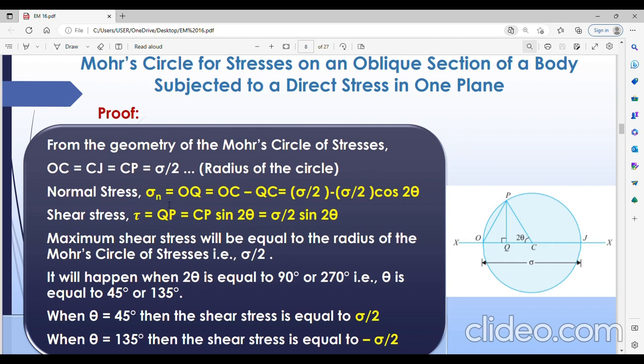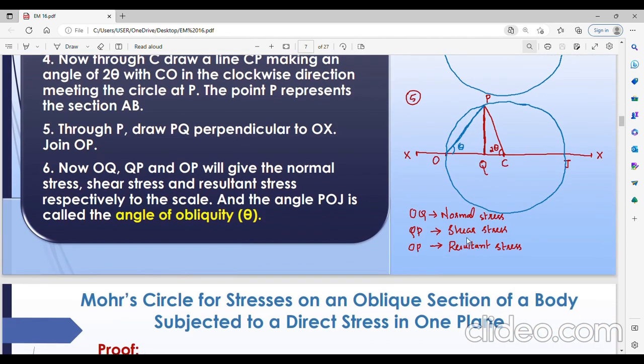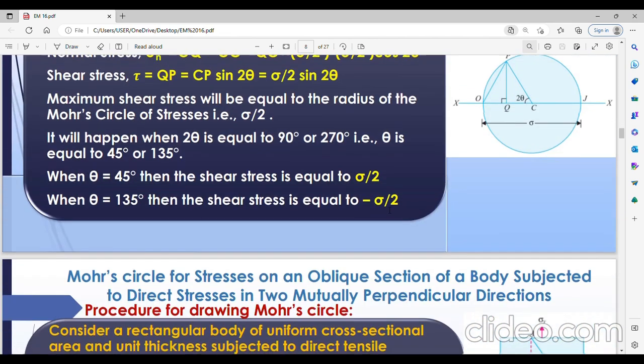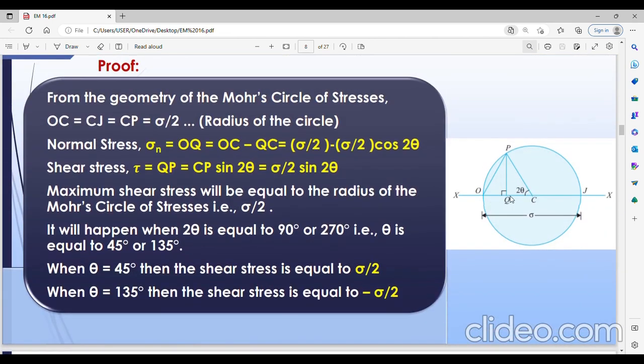Now the normal stress sigma n is equal to OQ. In this slide we have written it as OQ. OQ is the normal stress. So what is this OQ? OQ is equal to OC minus CQ, right? OC minus CQ will give you OQ. Got it? What is OC? OC is nothing but sigma by 2.